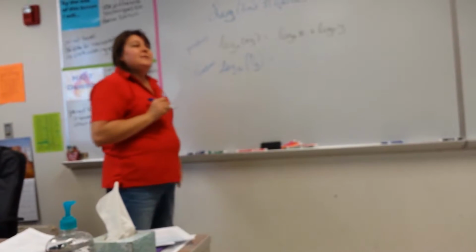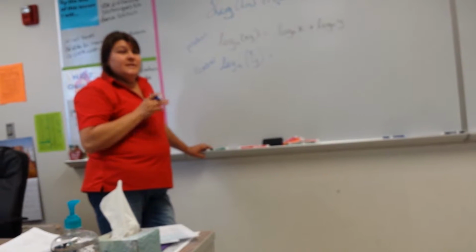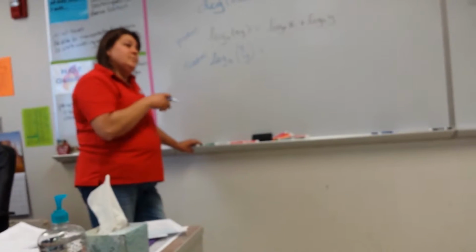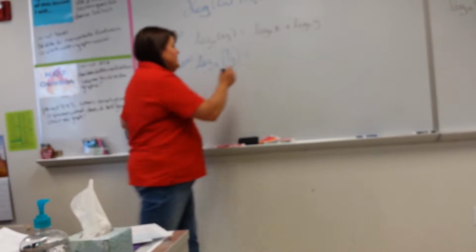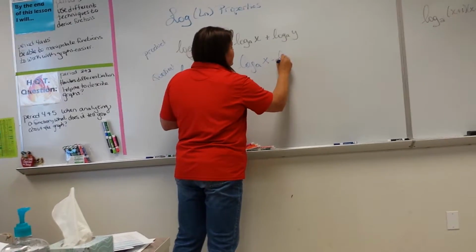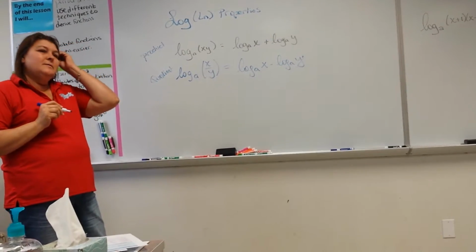So you can imagine if the product rule tells me to expand it with addition in between, then what do you think the quotient rule will tell me to do? Subtraction. Subtraction, right, okay. So it kind of comes naturally. So it's the log of ax minus the log of ay. Are we good so far?